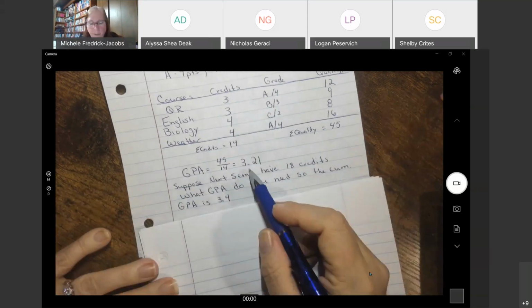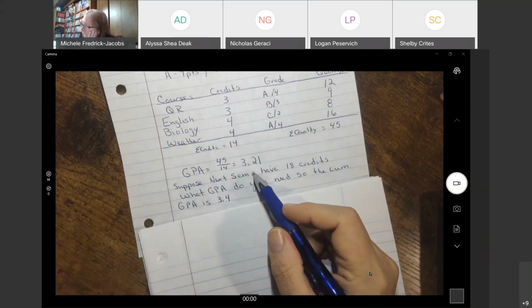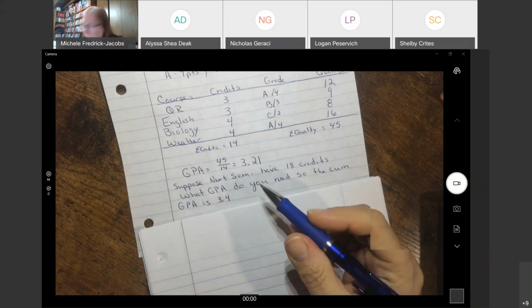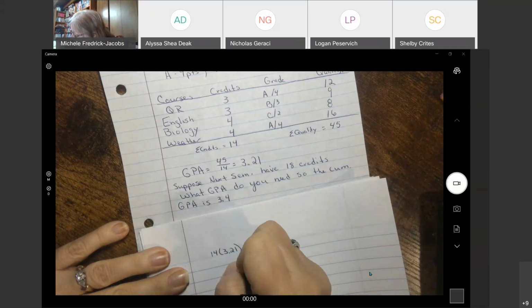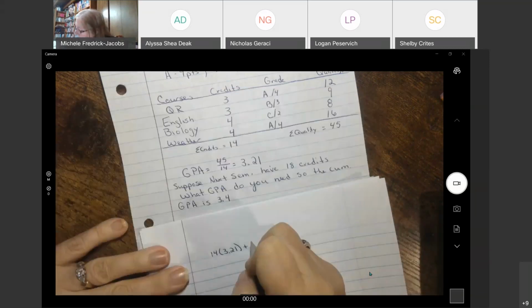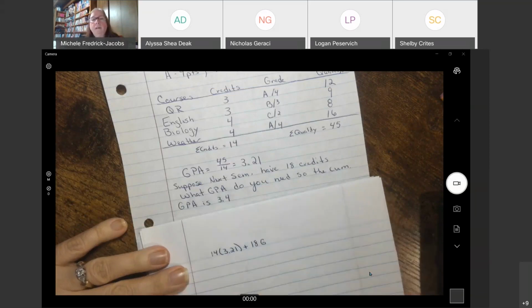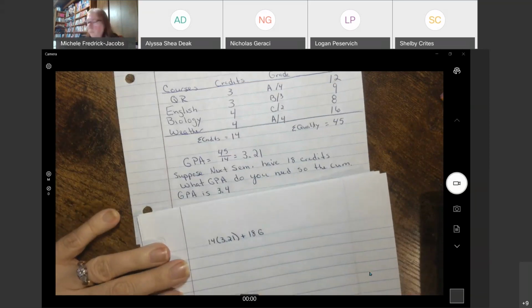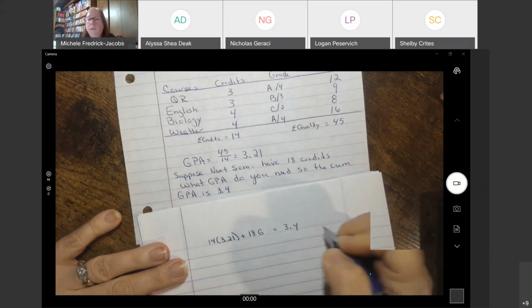Right now we have a 3.21, and that was out of 14. And we're taking 18 credits, and we want to know what GPA we need so that we can get a 3.4.